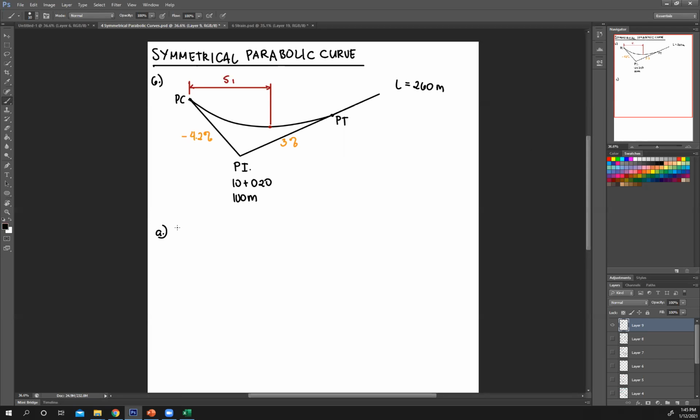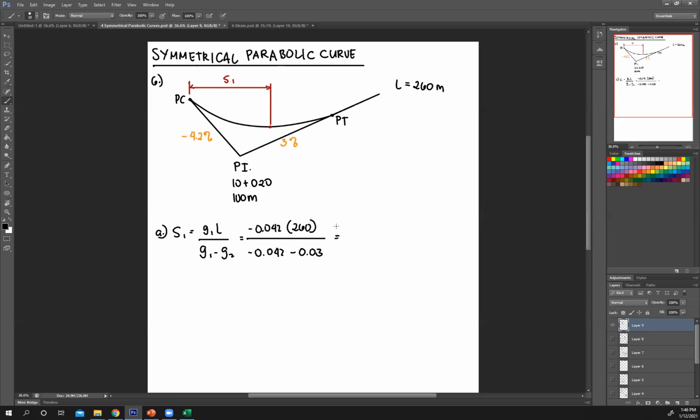As you know, we have an equation for S1, which is just G1 L over G1 minus G2. So G1 is 4.2%, so that's negative 0.042. Length is 260. G1 is negative 0.042 minus positive 3%, so minus 0.03.